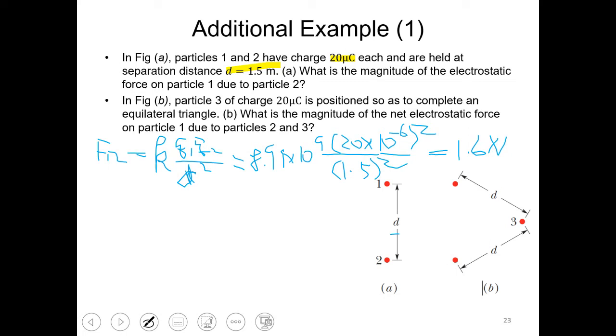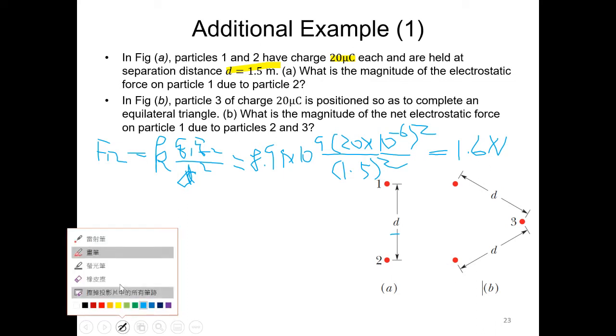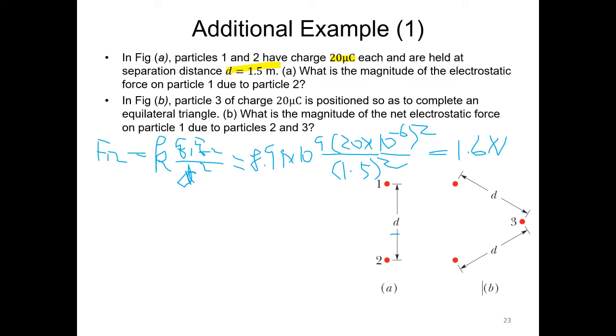Why do I include such a stupid example here? So for the next one, particle 3 of charge... Well, maybe I just skip it.